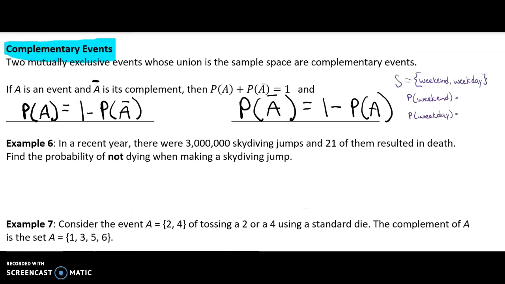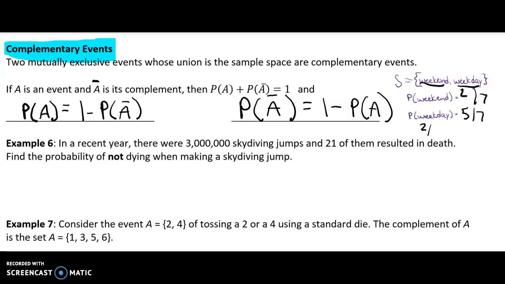We consider the days of the week, and we have the sample space of weekend and weekday. If I pick a day of the week at random, the probability that I pick a weekend day would be 2 out of 7, because Saturday and Sunday are the only weekend days. Whereas if I pick a weekday, not a weekend day, we have a probability of 5 out of 7.